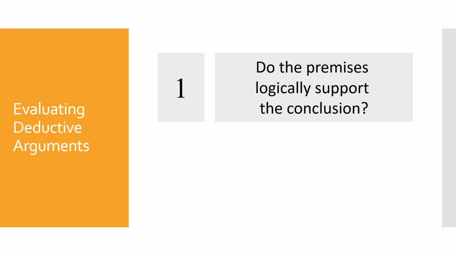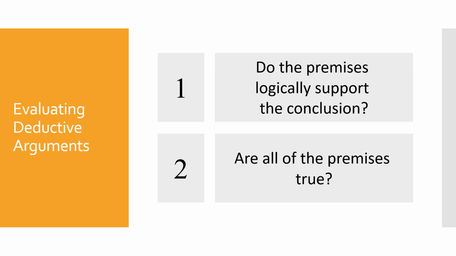The first of these is, do the premises logically support the conclusion that's drawn? And if you recall, this question is not concerned with whether or not the claims you've made are actually true. The second question turns around the idea of truth claims, and so it asks, are the premises of the argument actually true or not?